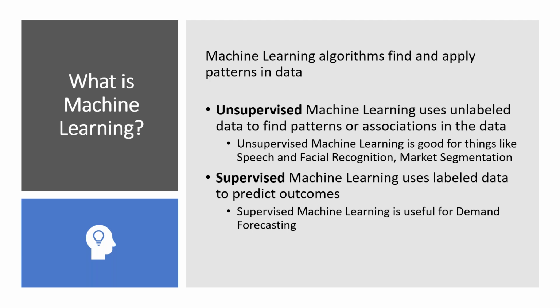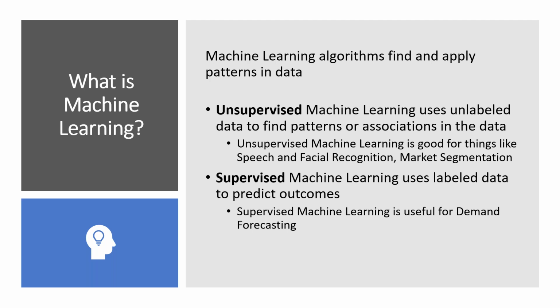Since forecasting, demand forecasting in particular, is a type of prediction, that means when we think about where demand forecasting sits within the machine learning world, it's within those supervised machine learning algorithms. But there are a lot of supervised machine learning algorithms as well, things like deep neural nets or random forests. There's just a lot to choose from.